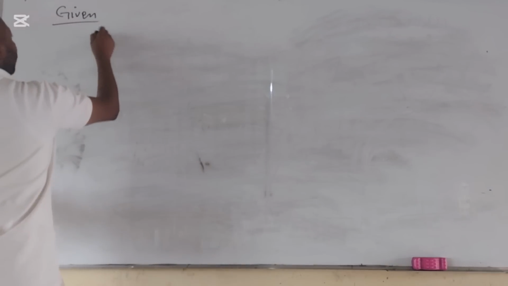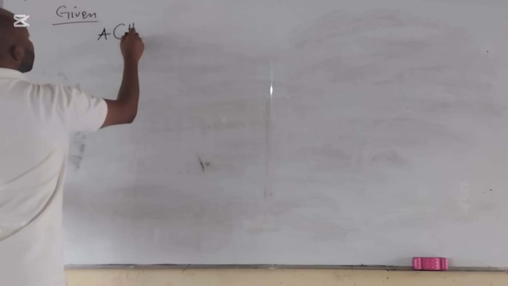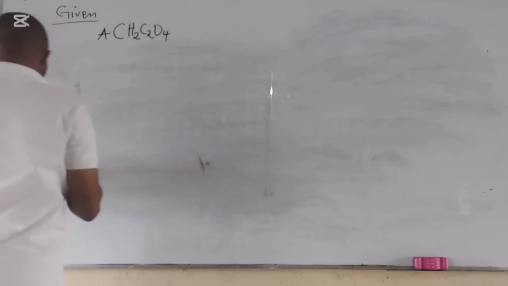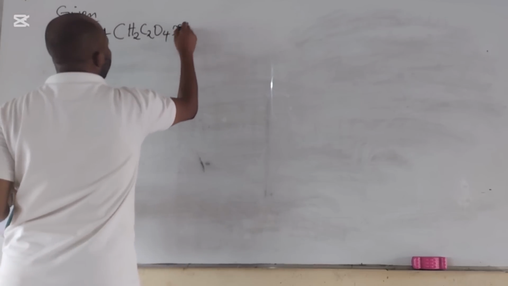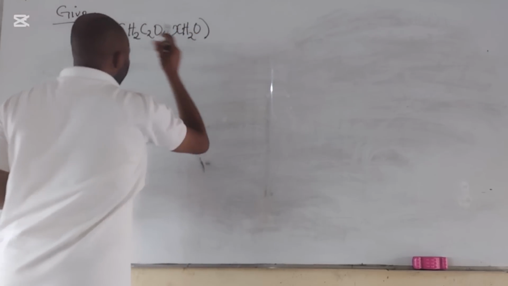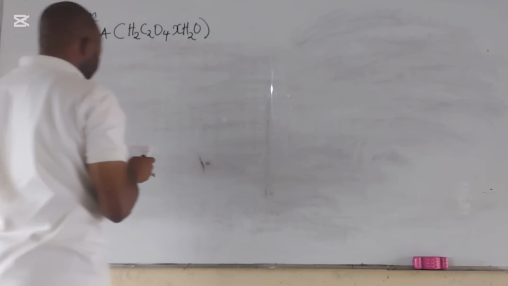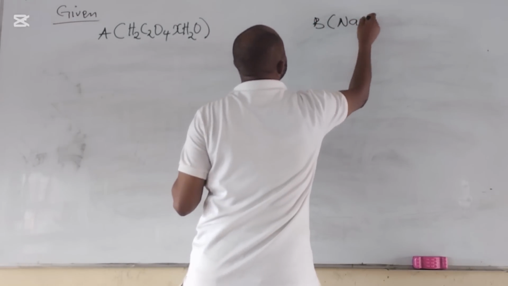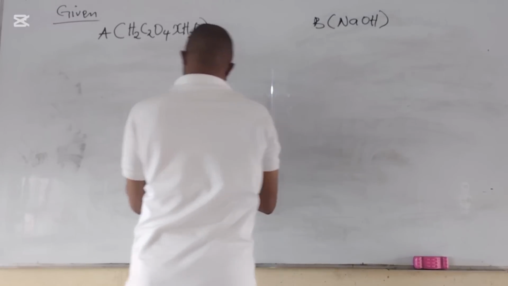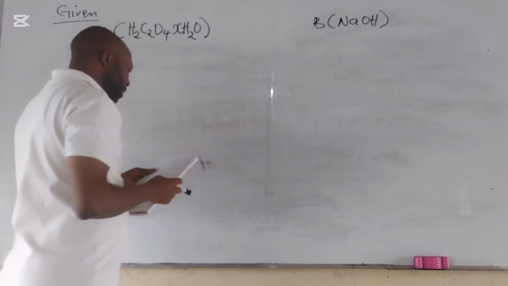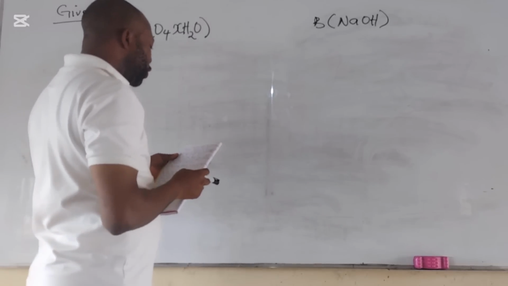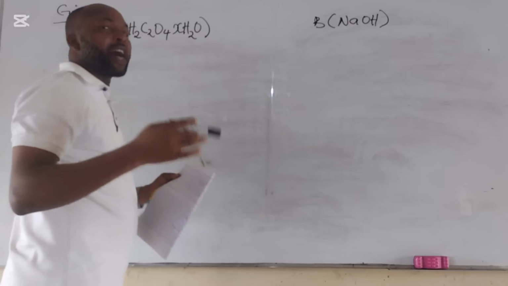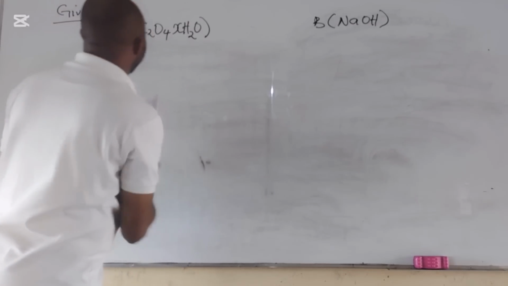We have our A for the acid, which is ethanedioic acid, H2C2O4.xH2O. And B is sodium hydroxide. A contains 20 grams of ethanedioic acid crystals in 1 dm cube. So that is the mass concentration of the hydrated ethanedioic acid.